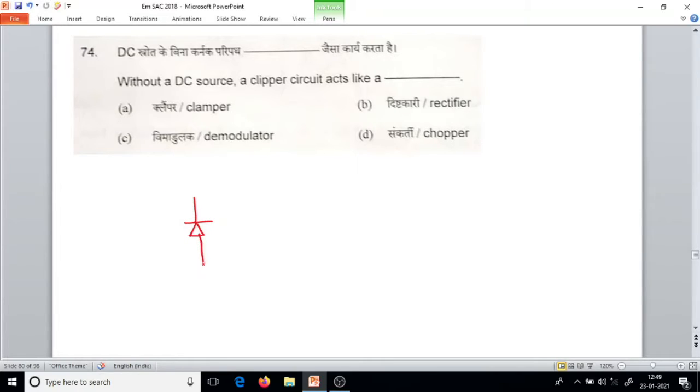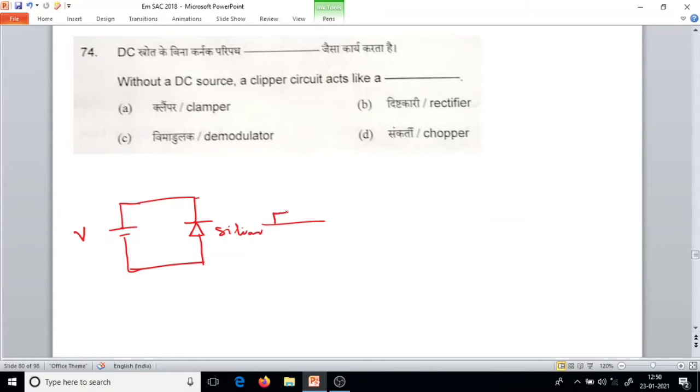V voltage. So this will clip the signal. The output will clip on the negative side. Okay, I'm not going into detail of the clipper.